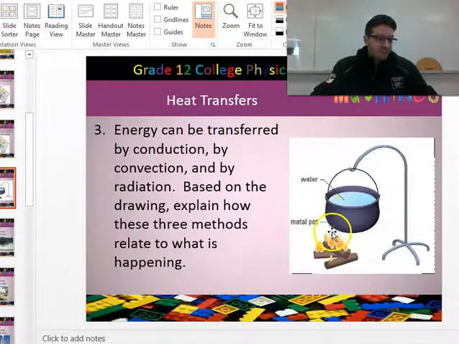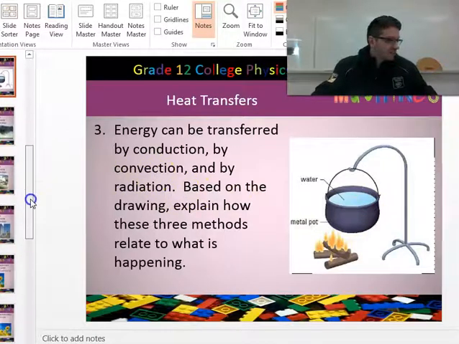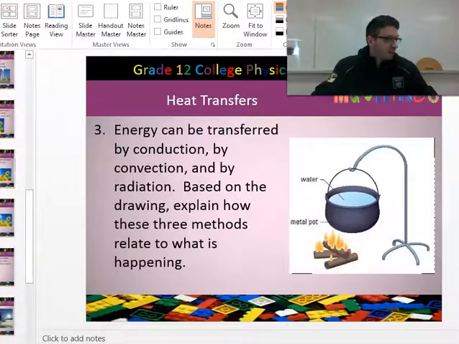The metal pot heats up and is in contact with the water, and so that's transferring heat through conduction, meaning through contact. And of course the water is undergoing convection currents where the hot water rises and pushes the cool water down, and that's heating the water through convection. So that's just a quick review of grade 9.